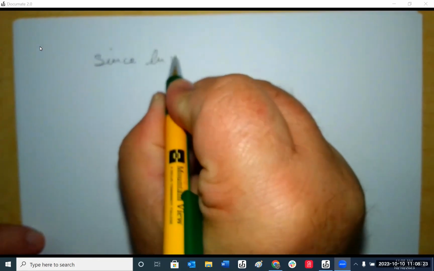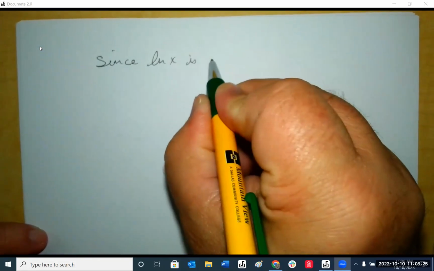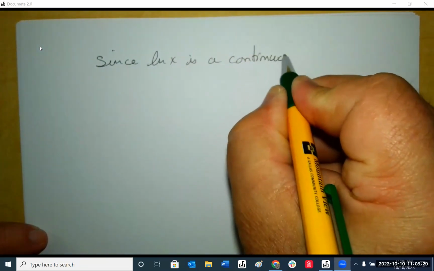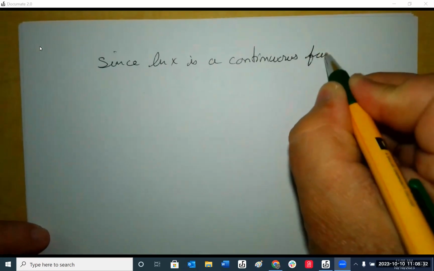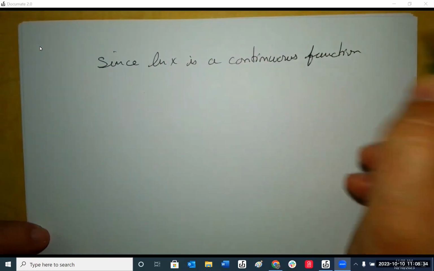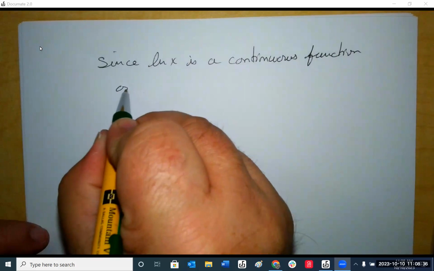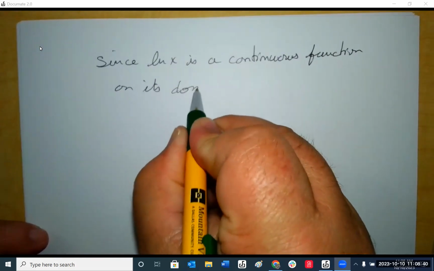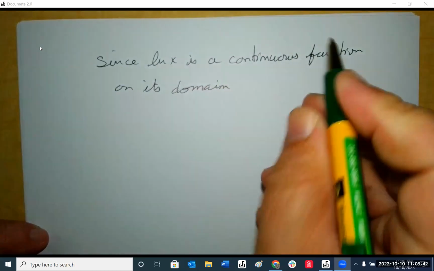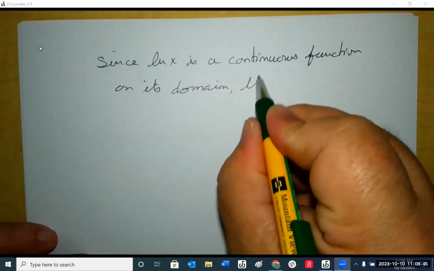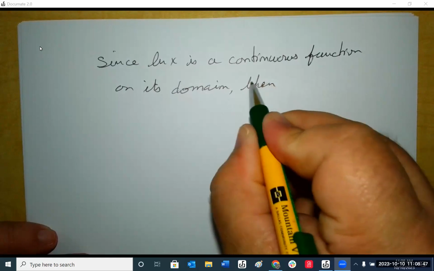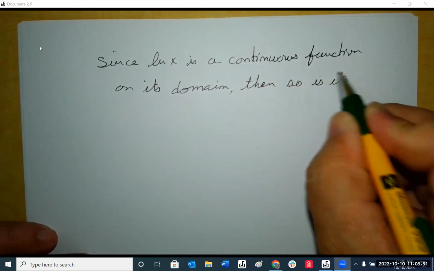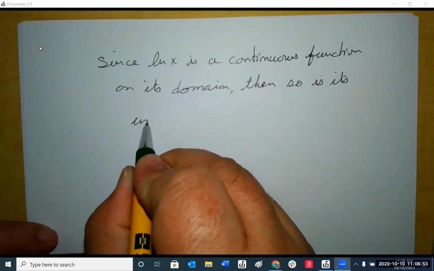Since ln x is a continuous function on its domain, then so is its inverse.